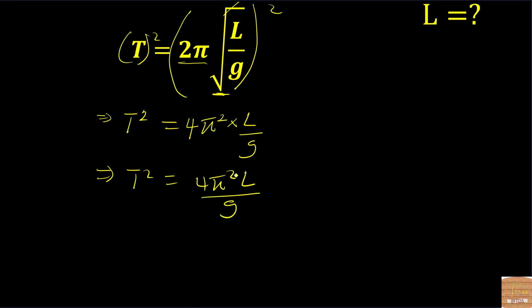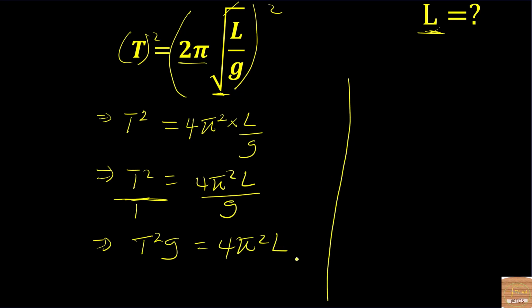Alright, so we have to make L the subject. Now let's make this over 1 and do cross multiplication. So it's over 1. So G times T squared is T squared G. The 1 times that is 4 pi squared L. Alright, so let's divide both sides by 4 pi squared.